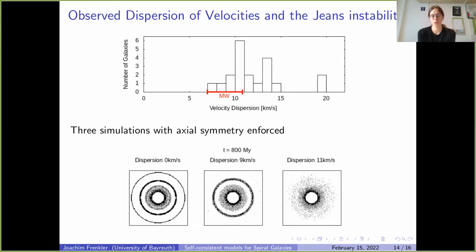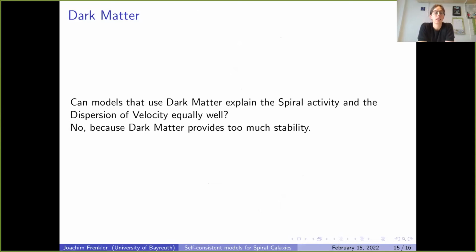It seems possible that one could explain this mass gap. But then the second question is, can a model that uses dark matter explain the two dynamical phenomena that we have just discussed, the spiral activity and the dispersion of velocities in the ISM? Can a model that uses dark matter explain these two phenomena equally well?